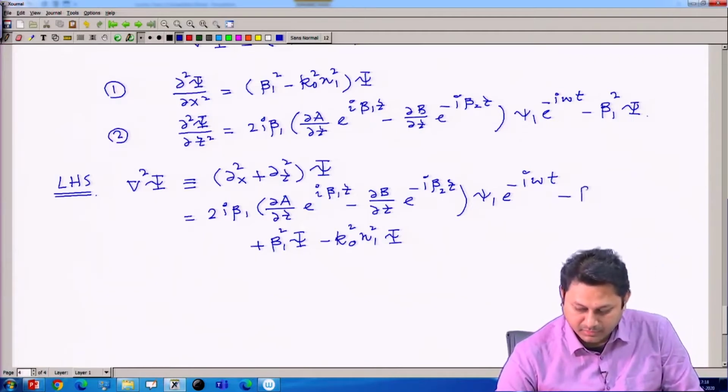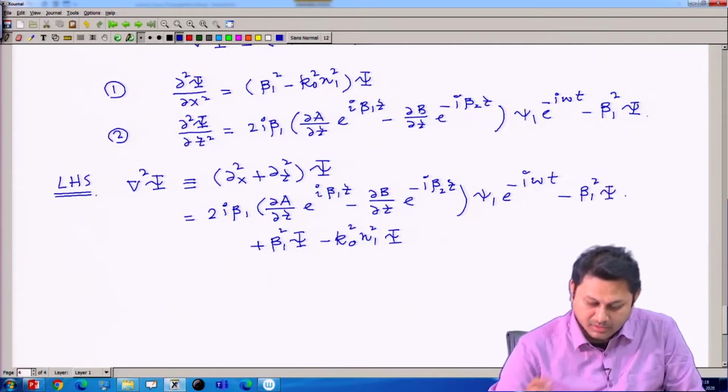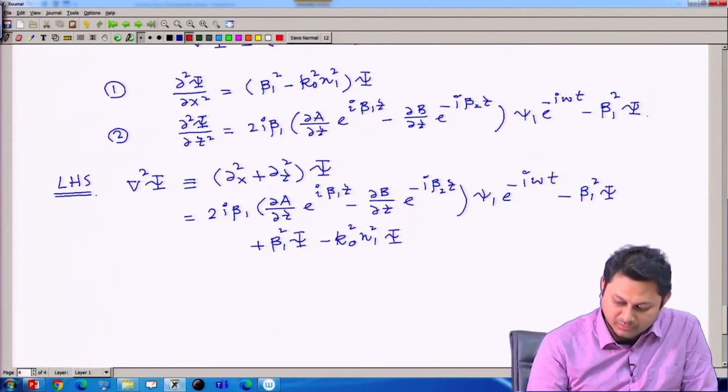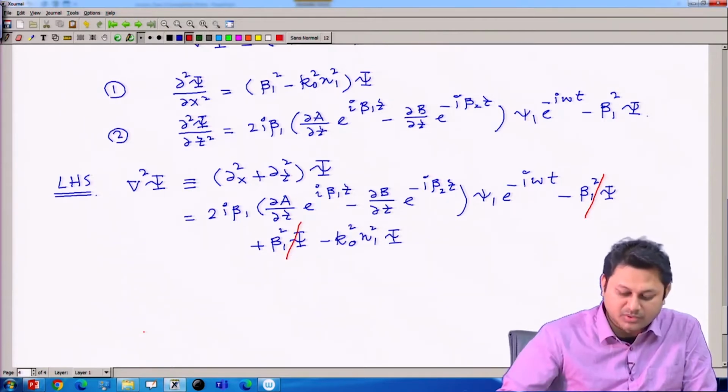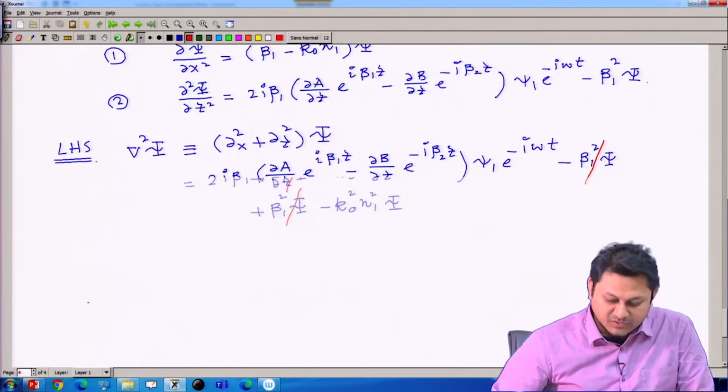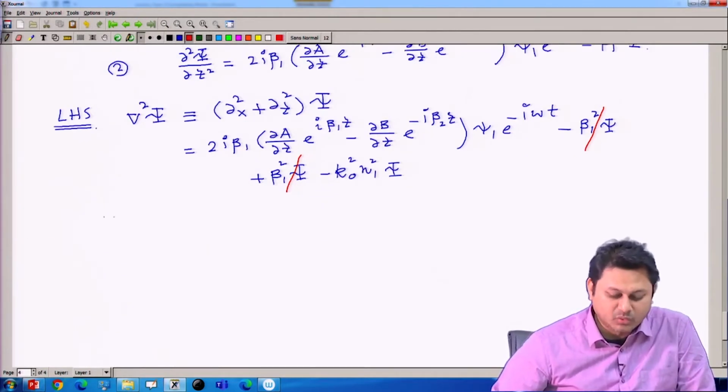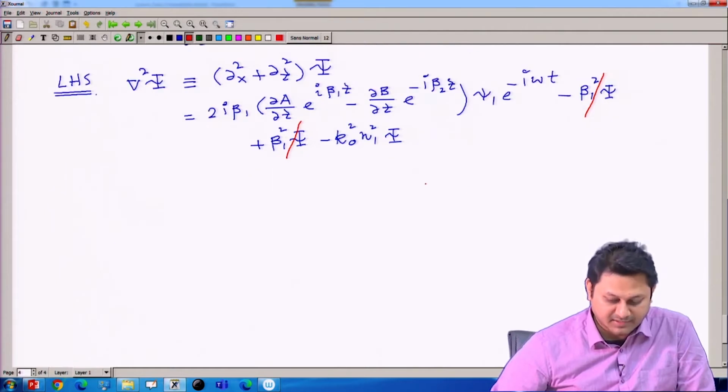So, minus of beta 1 square psi I should write here only. So, these two terms, beta 1 square plus and beta 1 square minus, are going to cancel out. So, this is roughly the left hand side: 2i beta 1 dA/dz e to the power of i beta 1 z minus dB/dz e to the power of minus i beta 2 z and rest of the term. So, this is the left hand side.